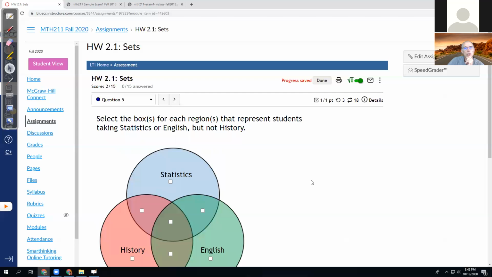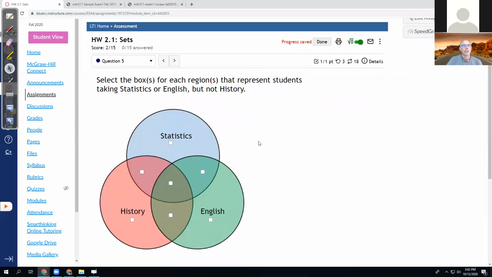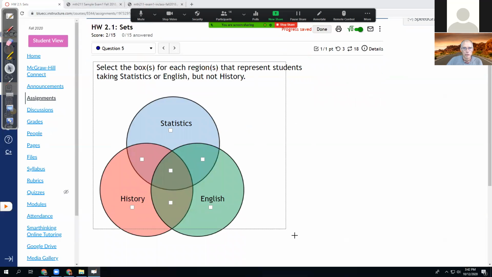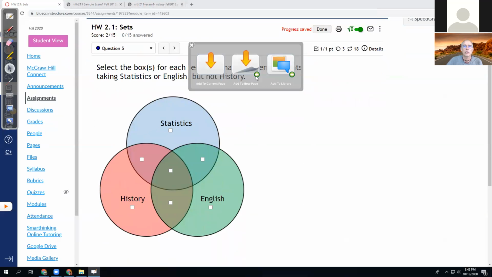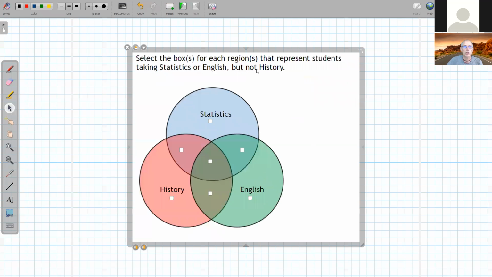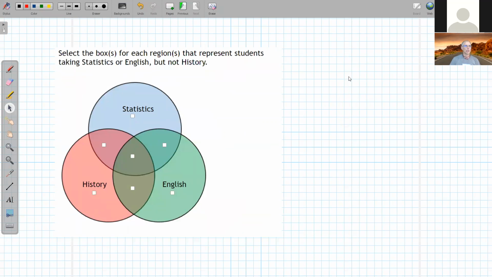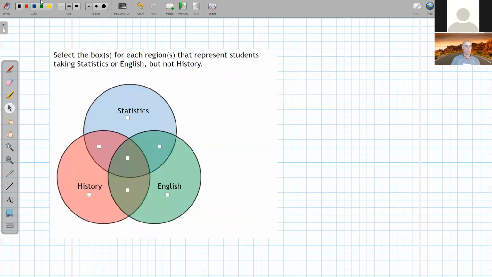I do a similar question, ooh, or but not. Ooh, that's a good one. I like that one. All right, let's try this one. And actually, I'm going to copy this into my notebook because this one's harder. New page, please. All right, there we go. So the way I would write this with symbol notation would be, let's abbreviate these as S, E, and H if you don't mind.